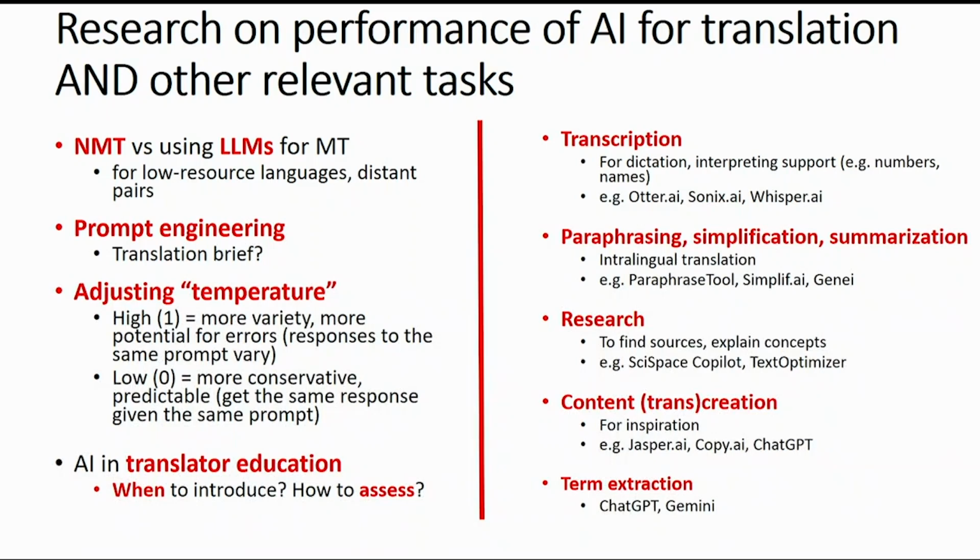So we need to think about what they call prompt engineering, but it's basically how to get good results from these tools. And so you might think of a prompt as being something like a translation brief. If you think about what you ideally want as information from your client or your employer before you set out to do a translation, put ChatGPT or another chatbot in that position.